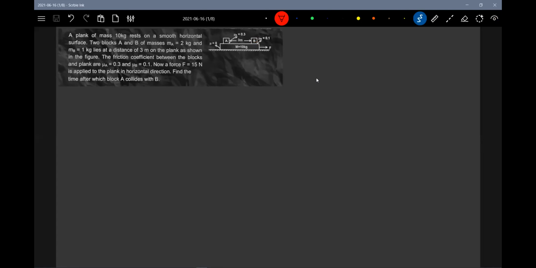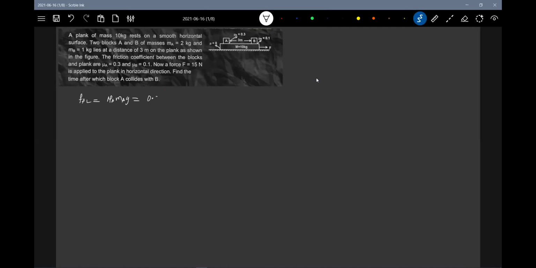So I just brought the idea of collisions into the picture. Laws of motion we already know; some idea of collisions is brought here. First we'll calculate the limiting frictions. The limiting friction FAL should be equal to mu A times MA times g.